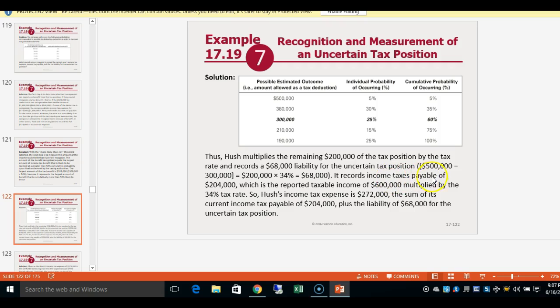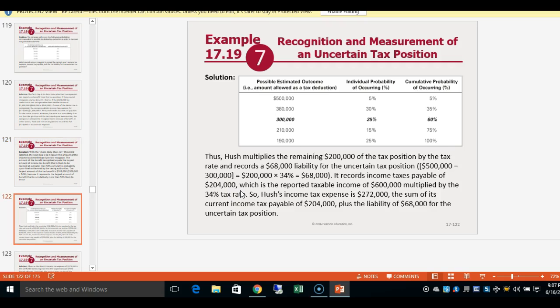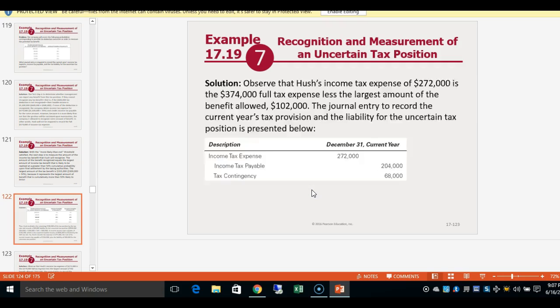It records income tax payable of 204,000, which is the reported taxable income of 600,000 multiplied by 34%.